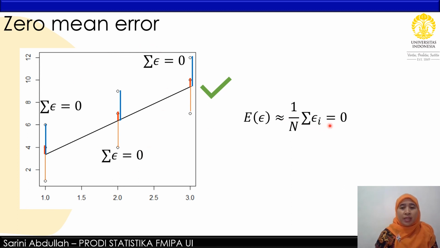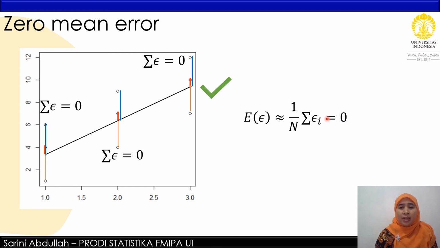We expect it to be 0, which means the line that we get should be a candidate. It doesn't guarantee it's the best line by just this assumption, but it guarantees that the best line should fulfill the first assumption, that the expectation of error equals 0.